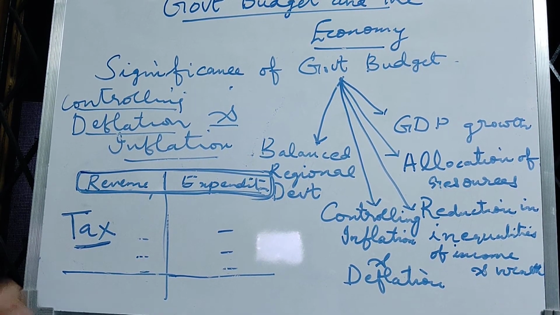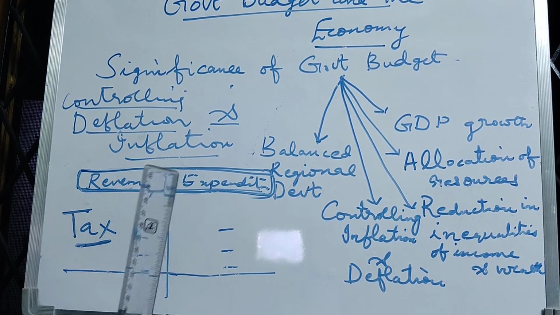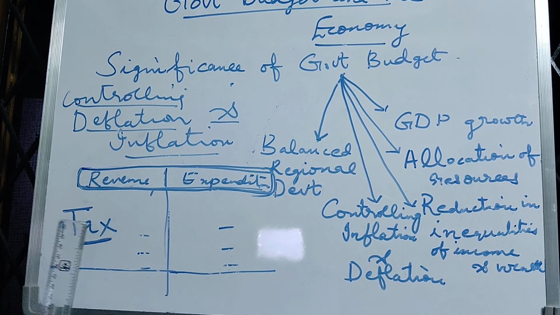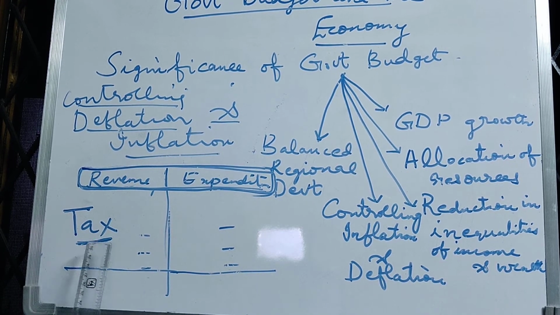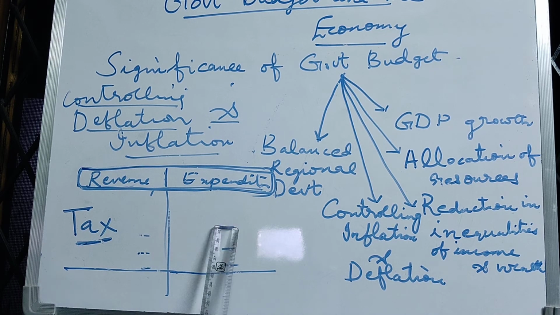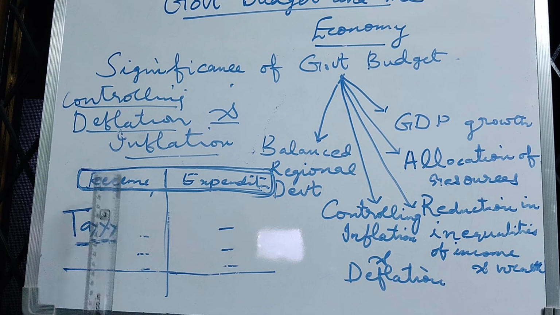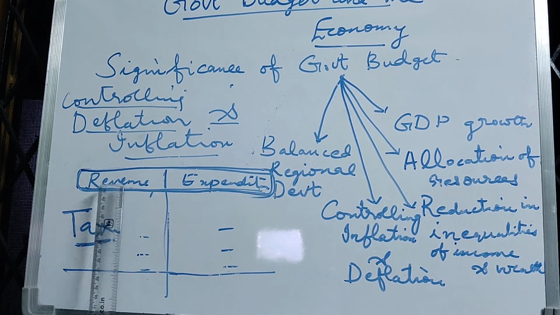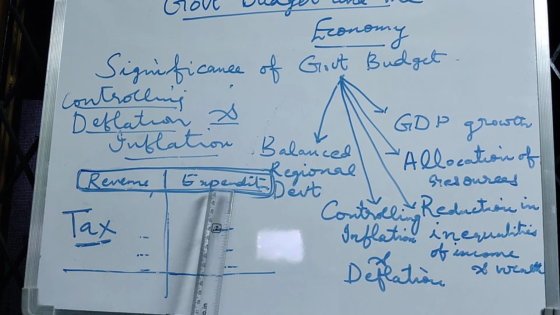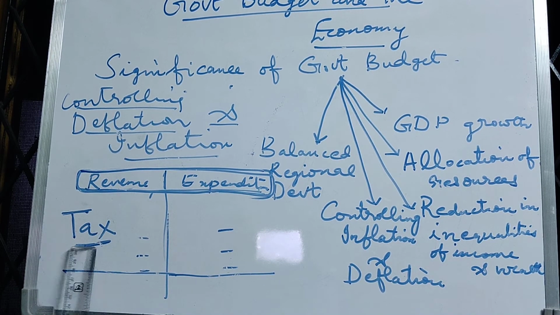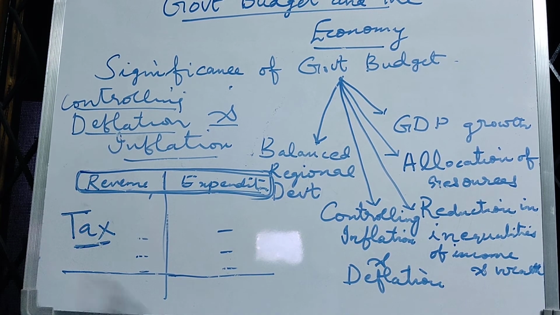So whenever there is inflation or deflation, in order to control that, the government uses the budgetary tools of taxation and expenditure. Why did I say taxation? Because the budget has two parts: revenue, that is income, and expenditure. And the main source of income is taxes. Taxes are the main source of income to the government.